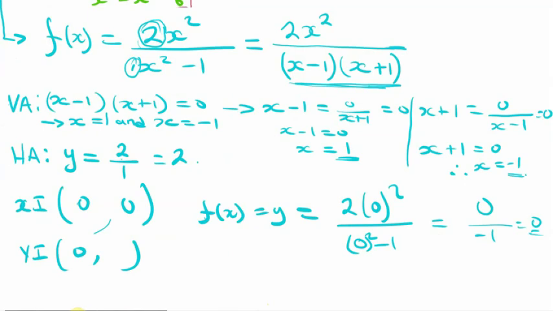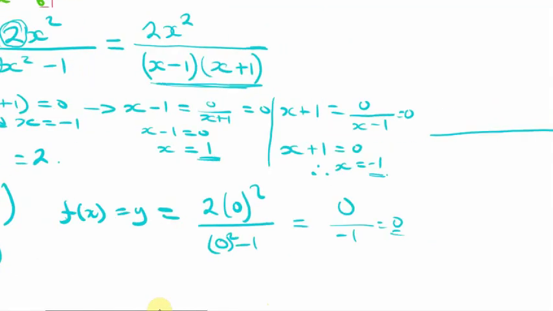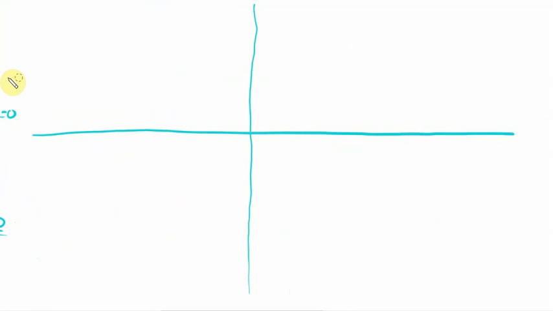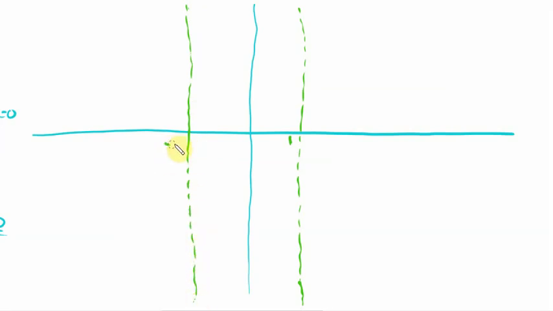Alright, so we have vertical asymptotes at 1 and negative 1. We have two vertical asymptotes here.